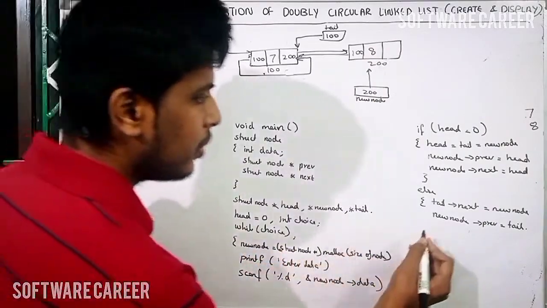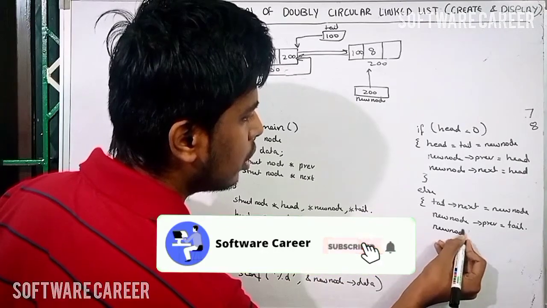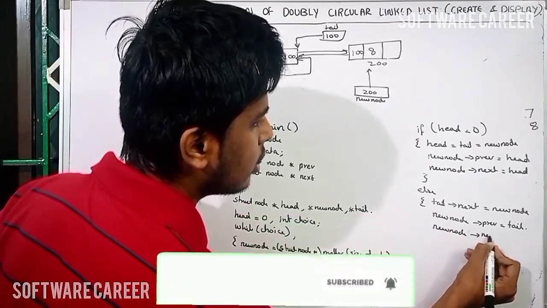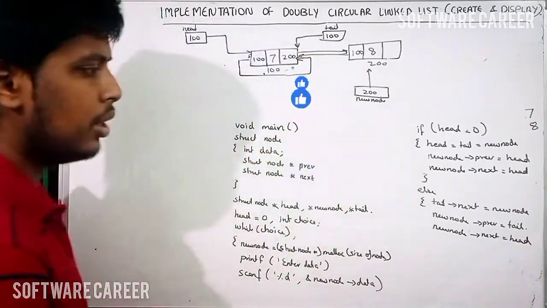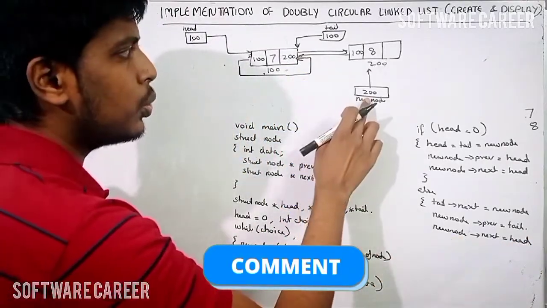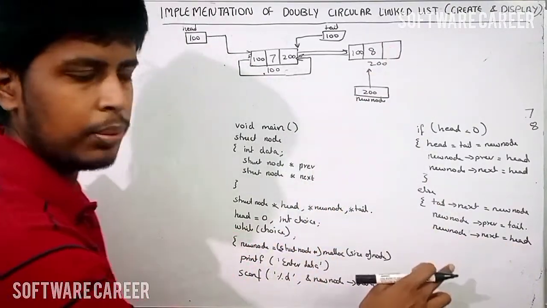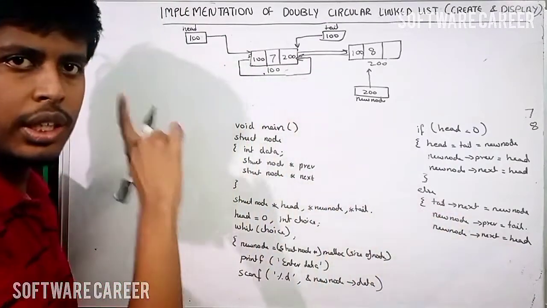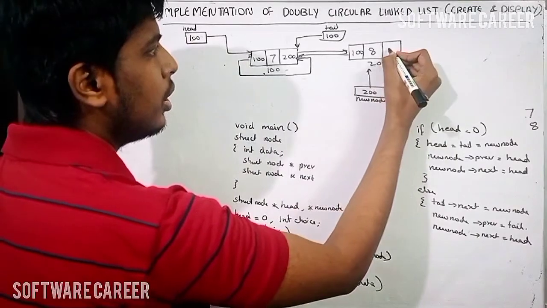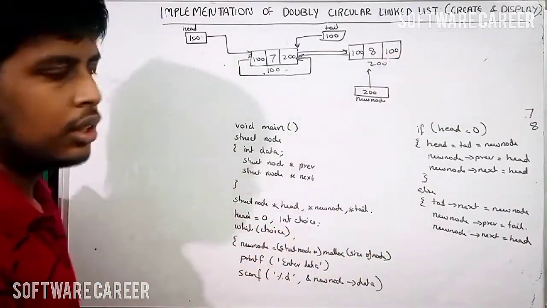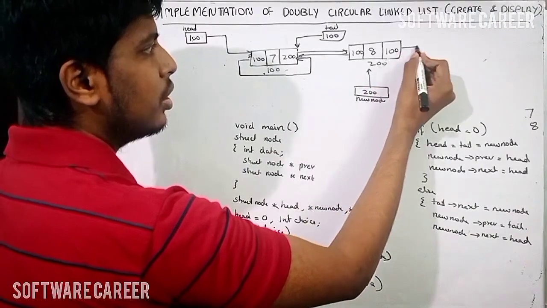See here, I am writing the code: new node next equals to head. Now what is new node next? New node is 200. 200 next is this pointer. In this pointer, I'll store the address of head, because head is the pointer which stores the address of the first node. Head is 100, so I'm storing 100 here. Now it creates a forward link.